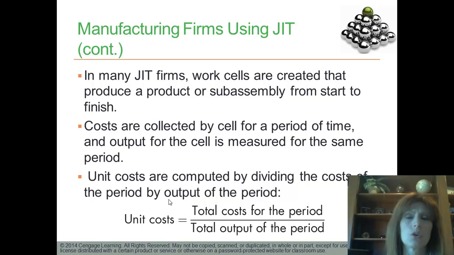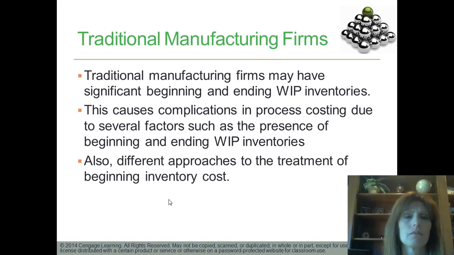We can't take the total cost of home building, divide by 10, and say each home cost us this, because those homes could be very different sizes and have very different materials. But with process costing, when we're making 100 bottles of vitamins, we can take the total cost to make 100 bottles and divide by 100. That makes perfect sense because they're all going to get approximately the same amount of cost and the same treatment. So that's when process costing works.